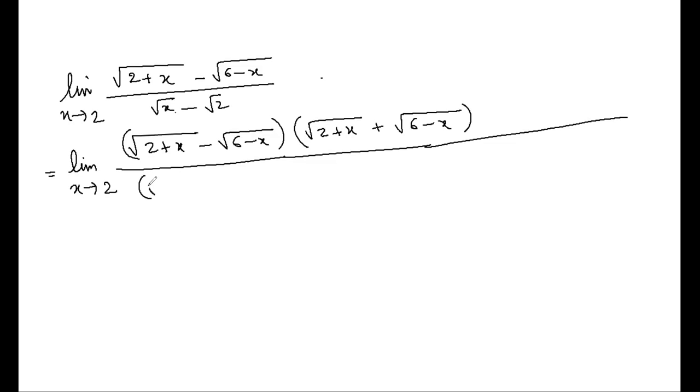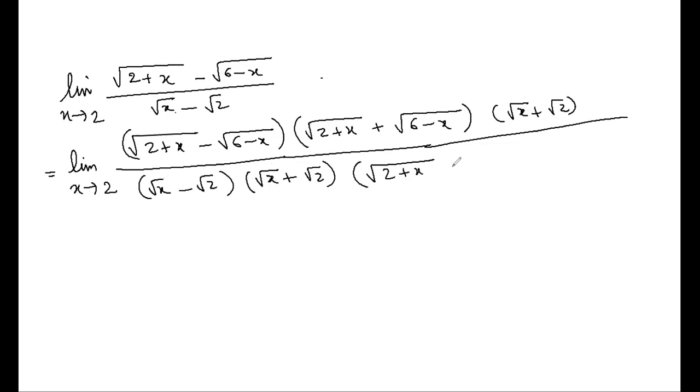Here also multiply by the conjugate. And now compensate. What you multiplied here, multiply it over here. Did you notice that I wrote the conjugates next to each other? And the compensation, I did after that.